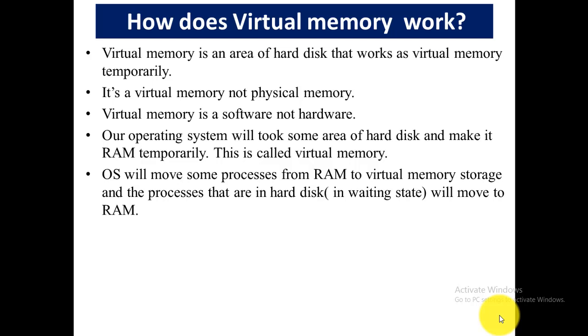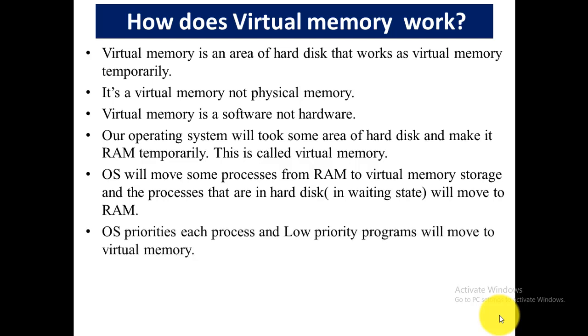In this way, the new applications will get a chance to load into the RAM and perform operations. The operating system prioritizes each process, and low priority programs will move to virtual memory. The operating system is basically creating room for new applications and new programs.